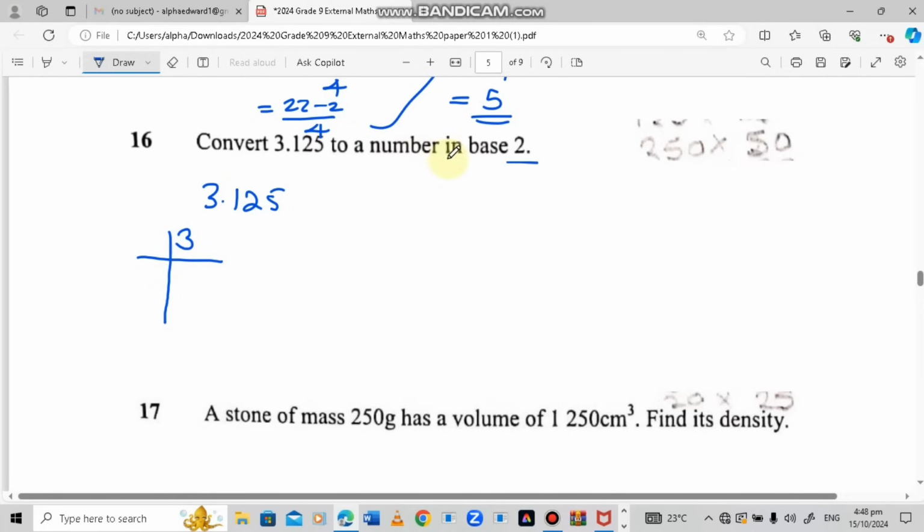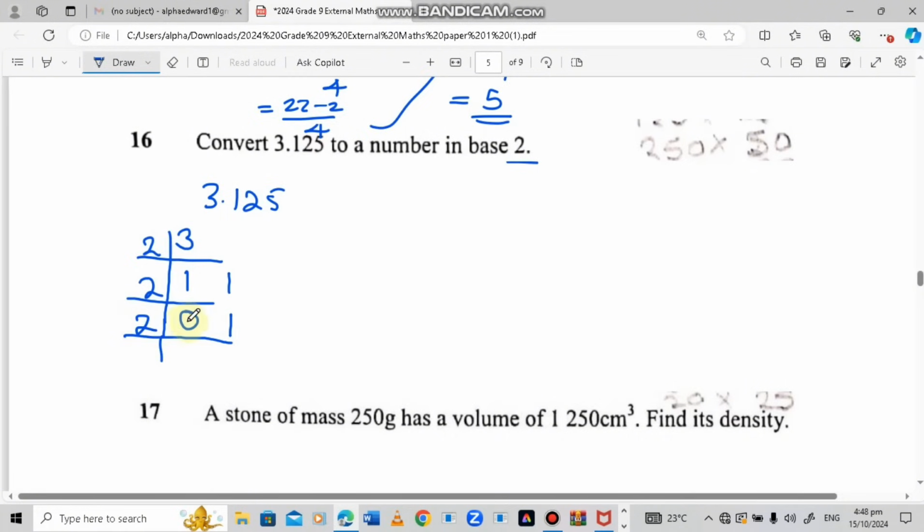Because you are to convert this number to base 2, you are going to say 2 into 3 is 1. What's the remainder? The remainder is 1. Okay? You are going to say again 2 into 1, it's 0, remainder 1. Okay?